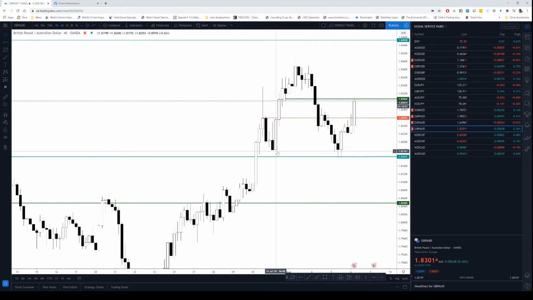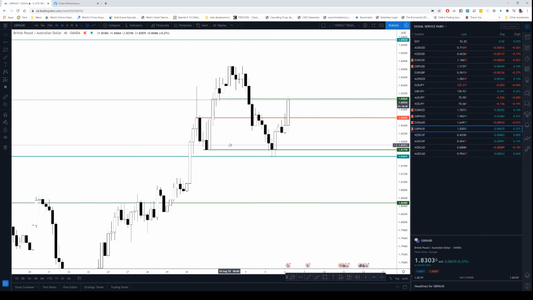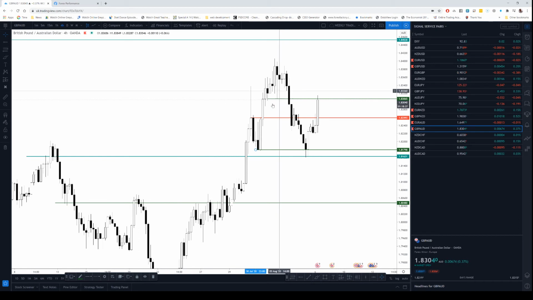Look closely, this is what I'm talking about. Is it a break or a run on stops? This is not a market structure break, it's a run on stops, to kill off the bulls that are long, and then a continuation to the upside.